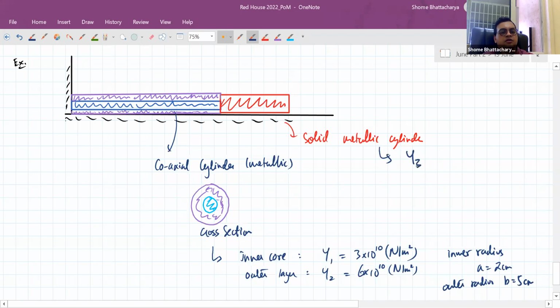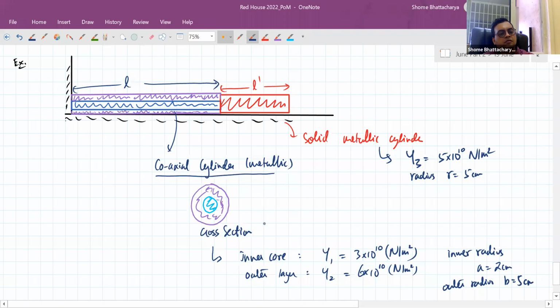This one is made of Young's modulus this much and radius 5 centimeters. And this has a natural length L prime and this has natural length L. So these are the natural lengths.